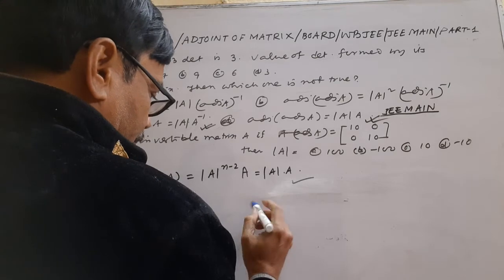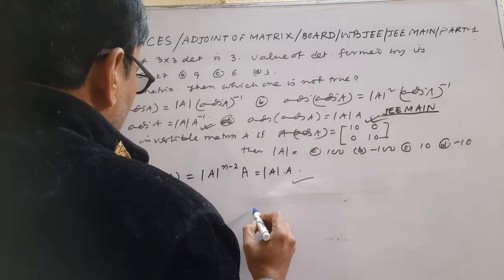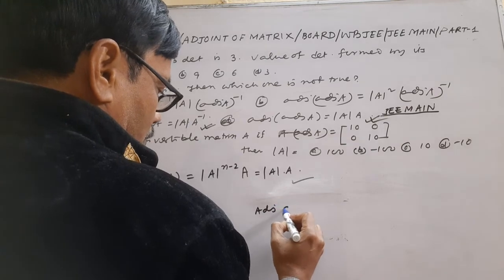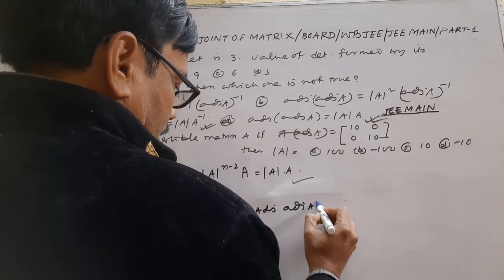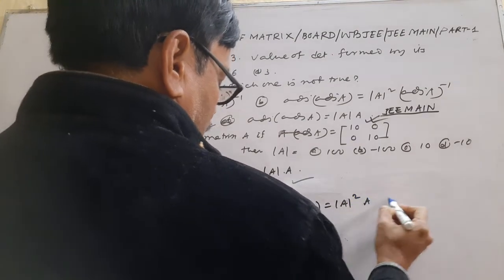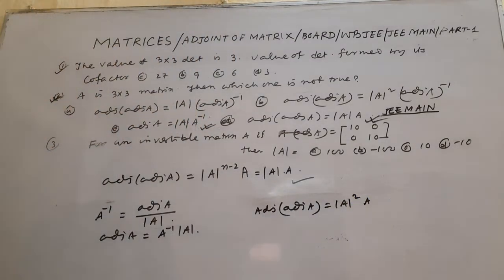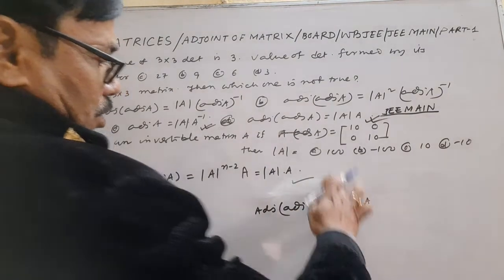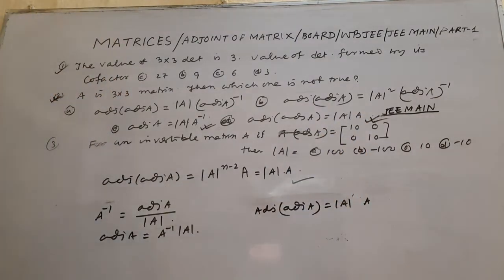So look, adjoint of adjoint A equals determinant A squared into A. This is our well-known property. Adjoint of adjoint A equals determinant A into A. Sorry, determinant A into A.